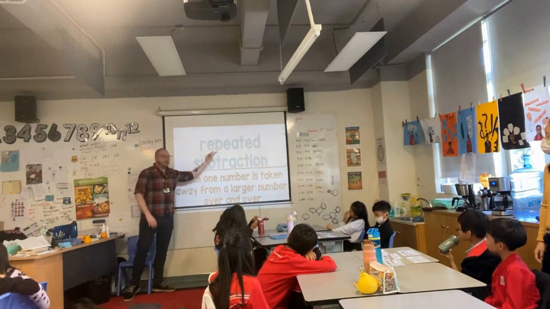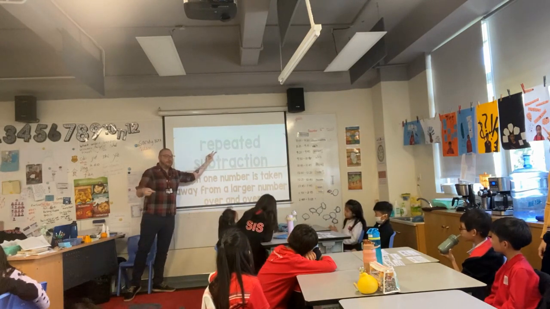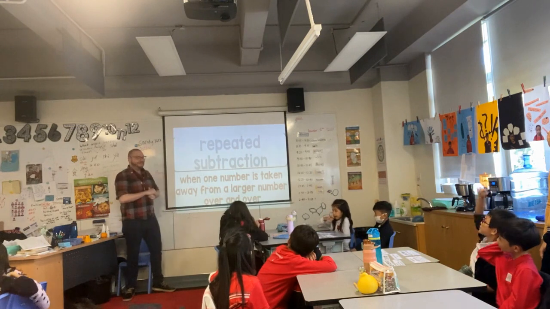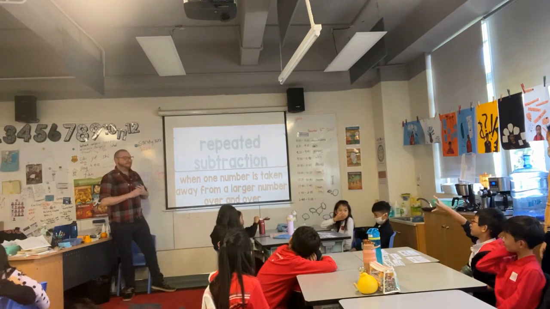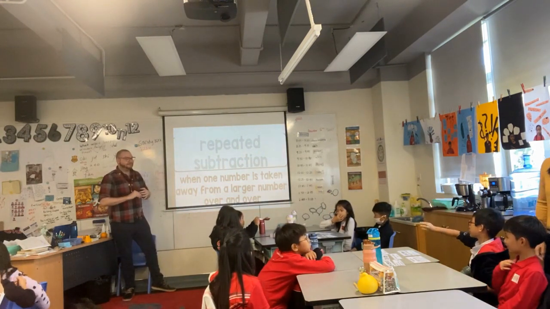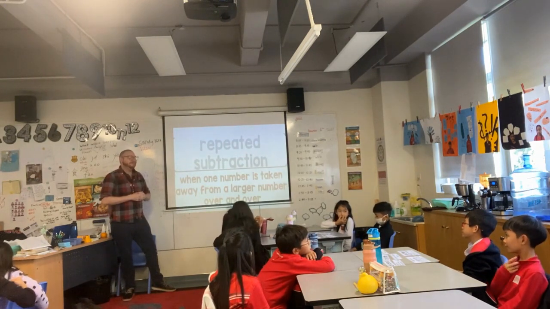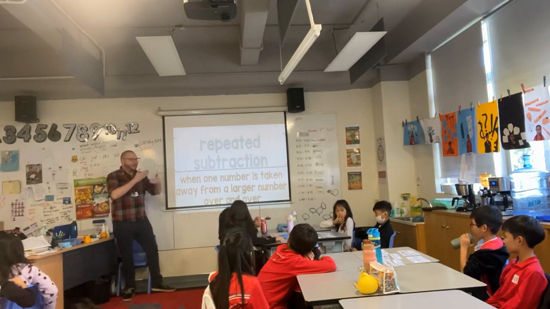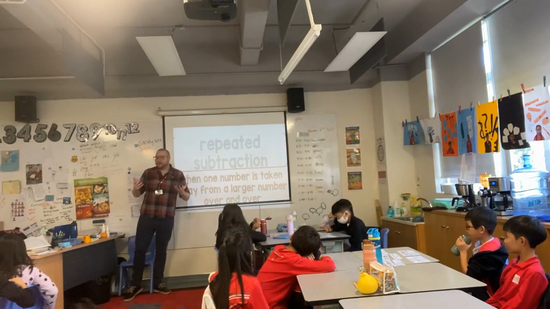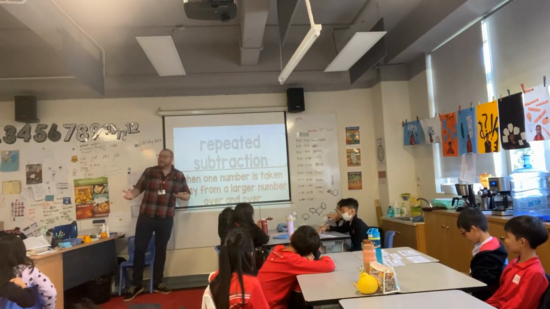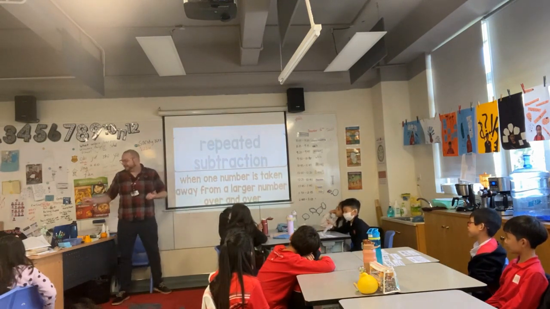Yeah, it says this word repeated, meaning over and over again. We also learned about something called repeated addition, and if it is subtraction, it is like addition is plus and subtraction is minus. So it's just the opposite. And division is basically the opposite of multiplication.